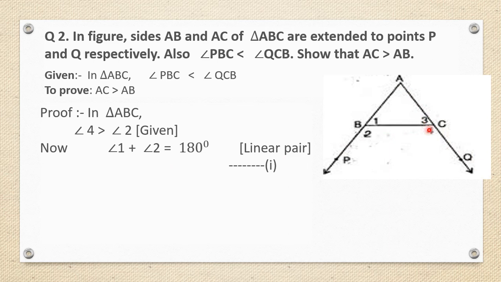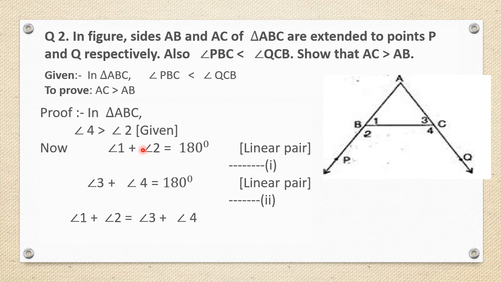So angles 3 and 4 are also a linear pair, which means angle 3 plus angle 4 is also 180 degrees. Now both equations are equal to 180 degrees, so the left hand side is also the same for both equations. So we get angle 1 plus angle 2 is equal to angle 3 plus angle 4.